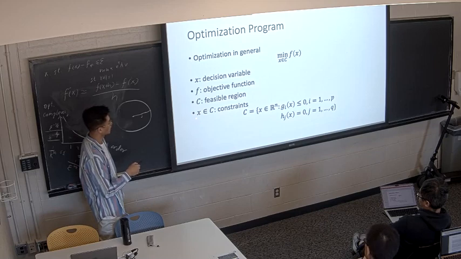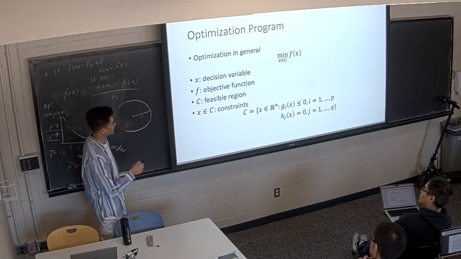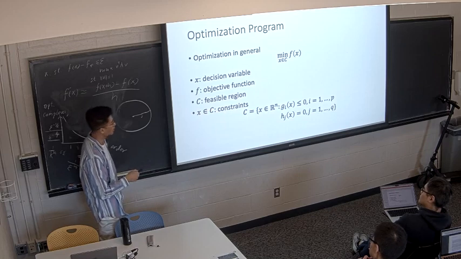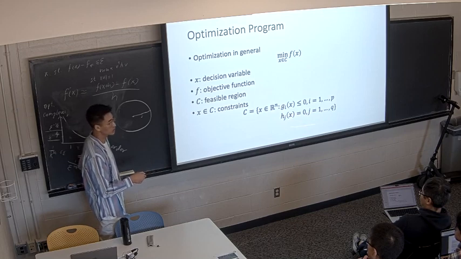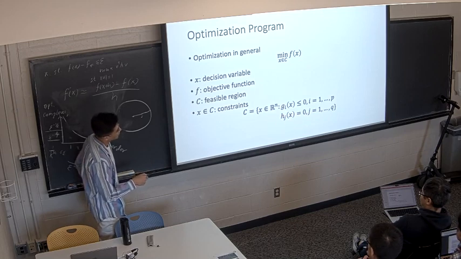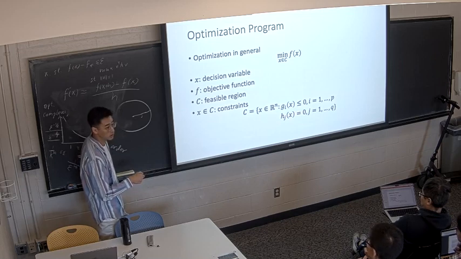If you have many constraints, then you could have many conditions like x in C1, x in C2, and so on. So the general form of C is described by inequalities. Here, this h of x is an equality, but it can also be written as inequalities: h of x less than or equal to 0 and h of x greater than or equal to 0.